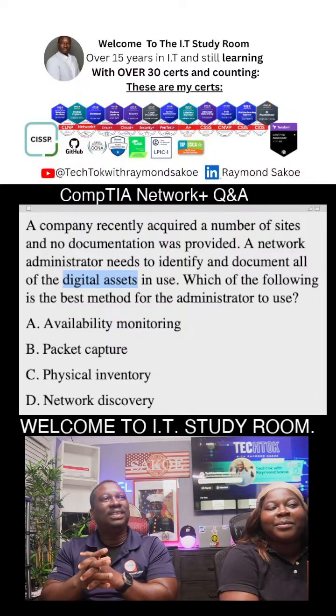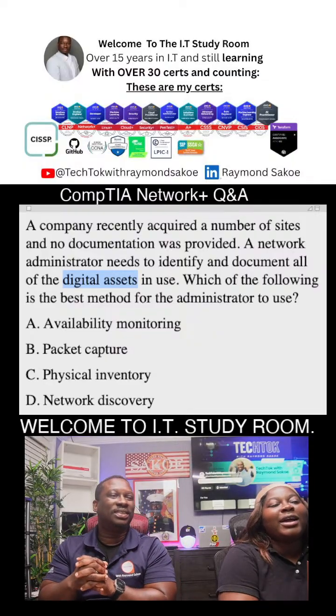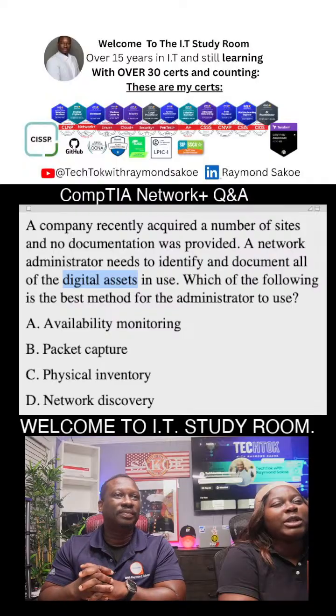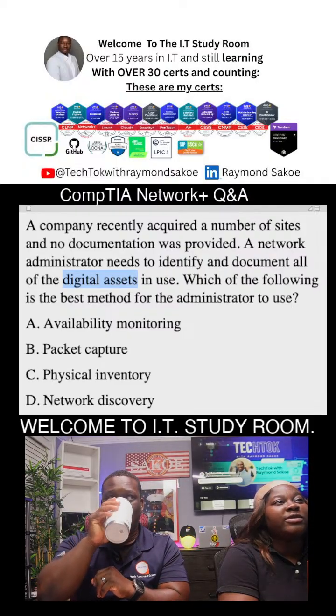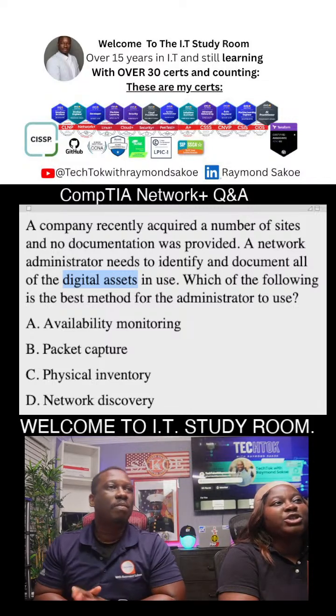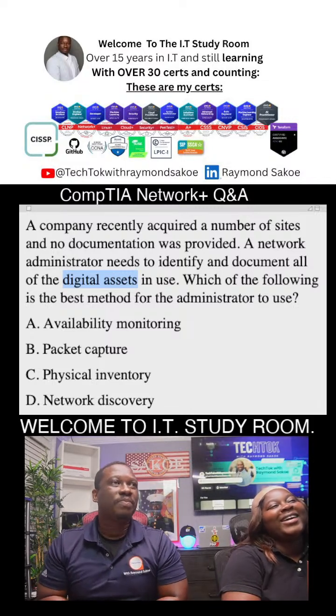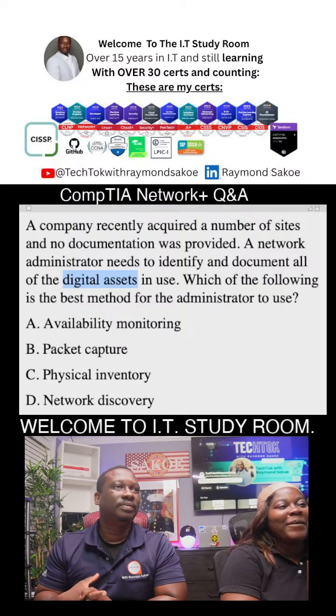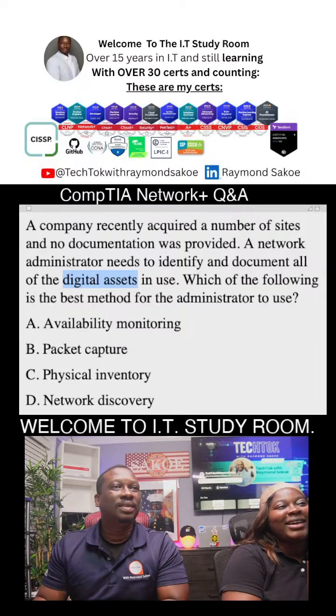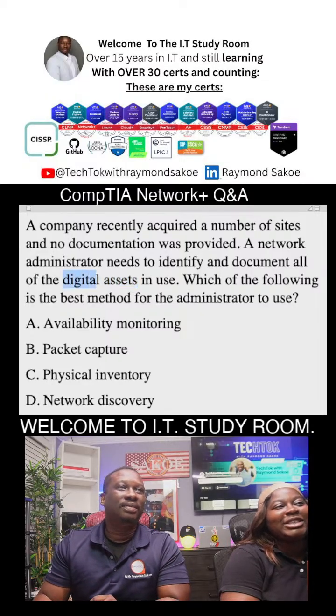So that is the keyword. William is saying no. I understood it from a network administrator. So D is the only answer. It's a little confusing, but digital asset is the keyword here.